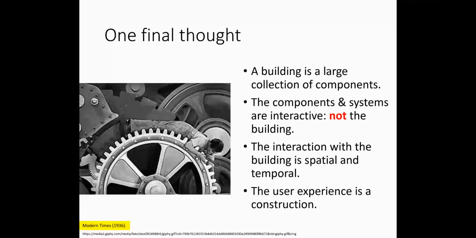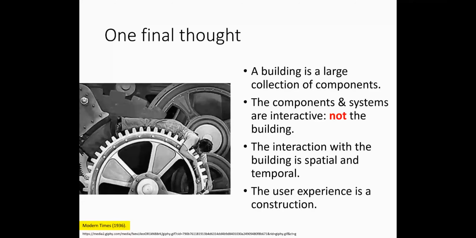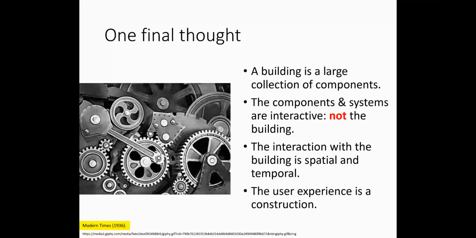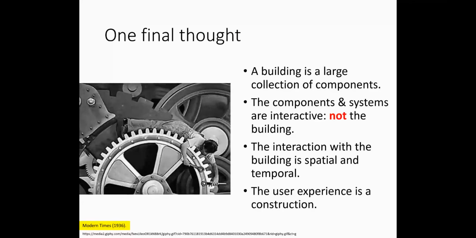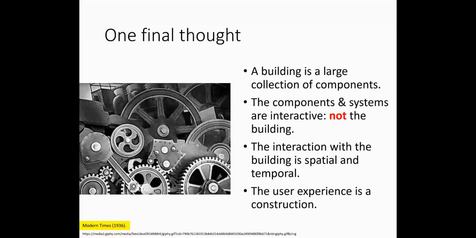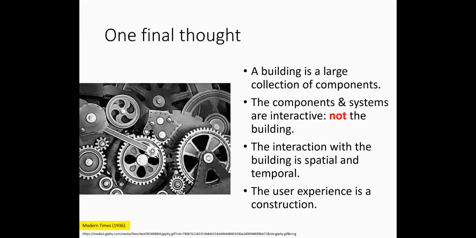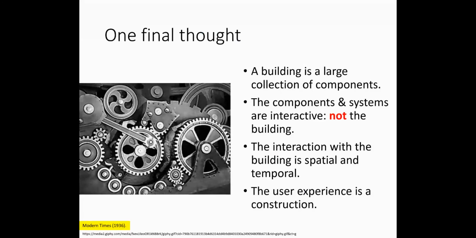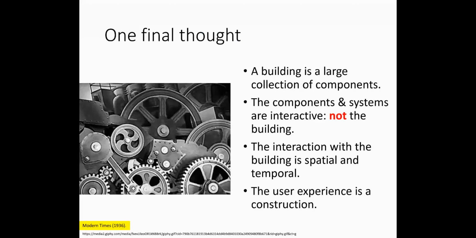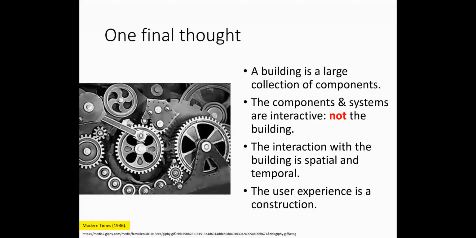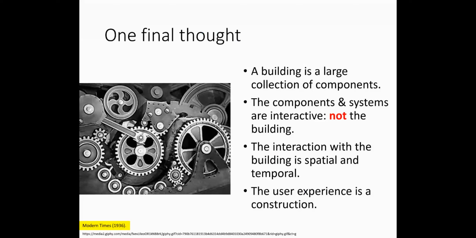And there's another consequence, and that is, of course, that the interaction with the building is spatial and temporal. With spatial, I mean that you move through the building, you go through different locations in the building. Thus, it's not one point where the interaction happens, it's a number of points, a number of paths that you take through the building. And thus it's also temporal.